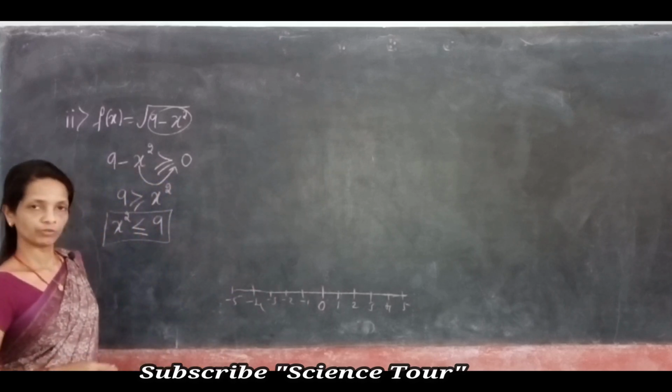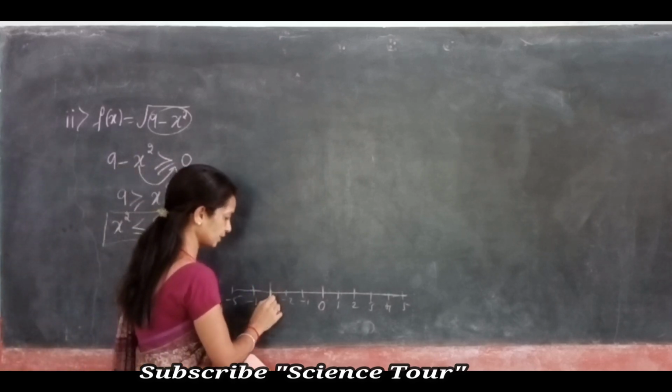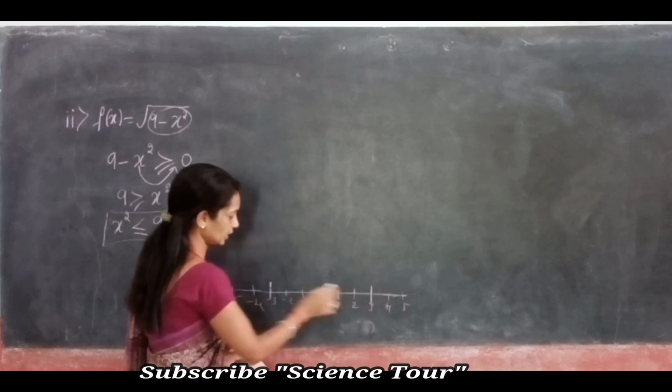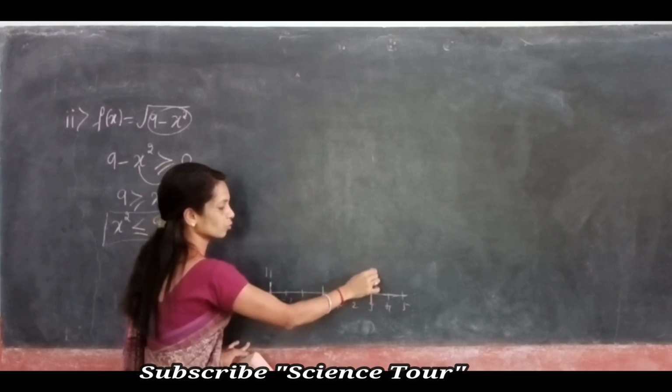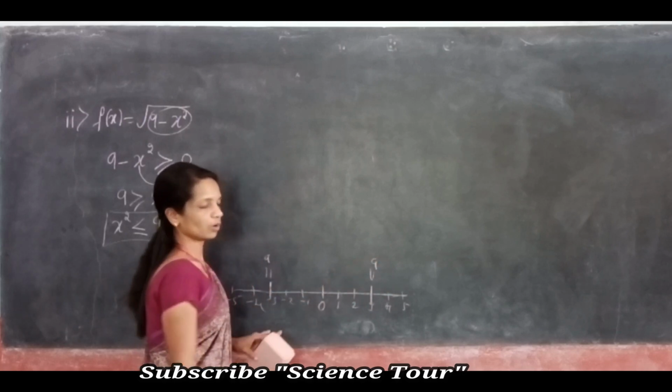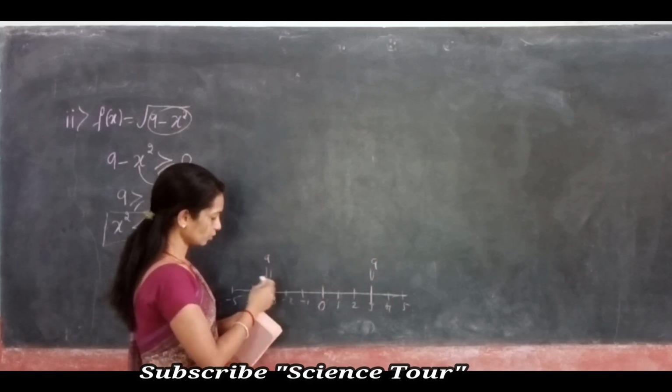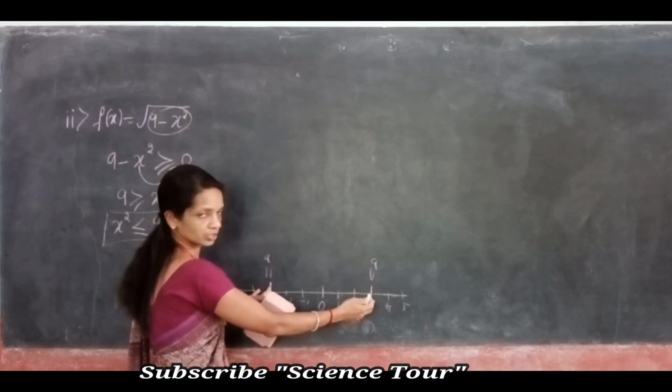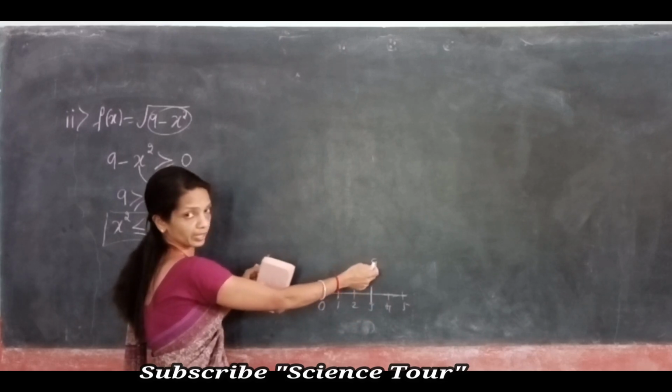If you take the real number minus 3 or 3, then what is the square of that? Minus 3 square is 9, plus 3 square is also 9, right? So if you take minus 3 or 3, the square of that is equal to 9.